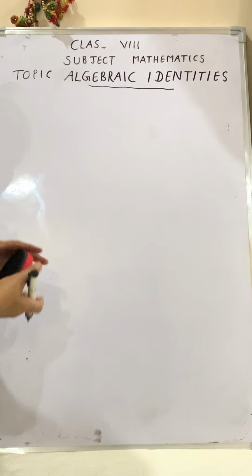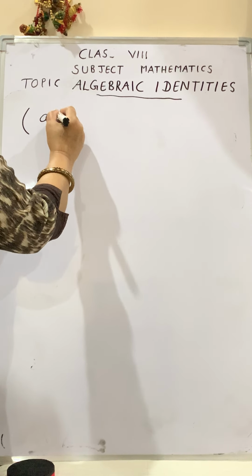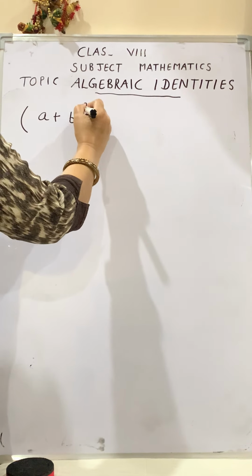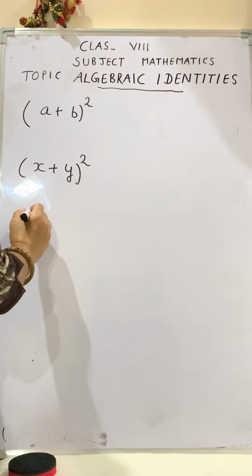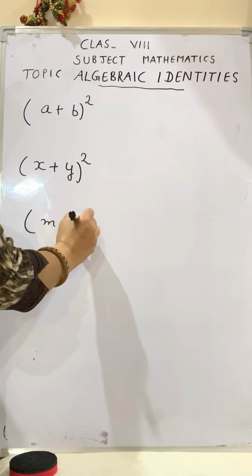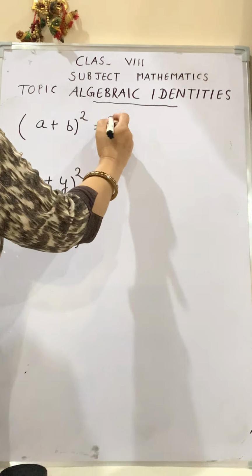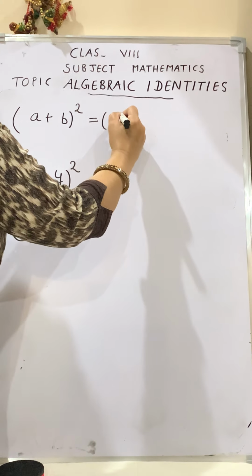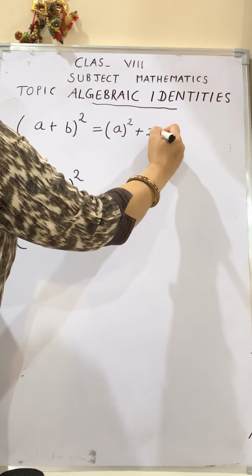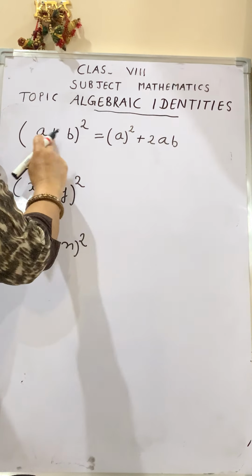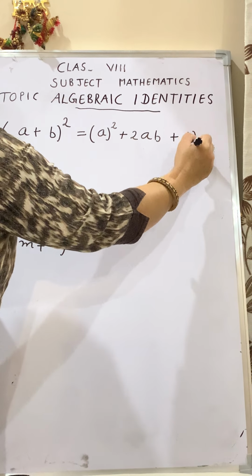Whole square of sum of two numbers, we can write a plus b, we can write x plus y, we can write m plus n, because these are all variables, is equal to square of first, plus twice of the multiplication of both terms a and b, plus whole square of second.